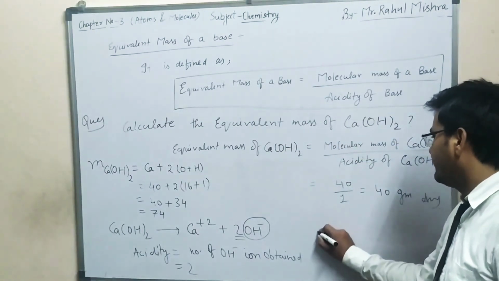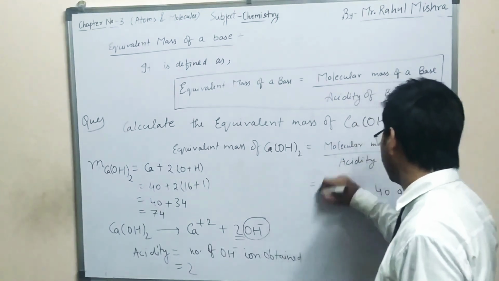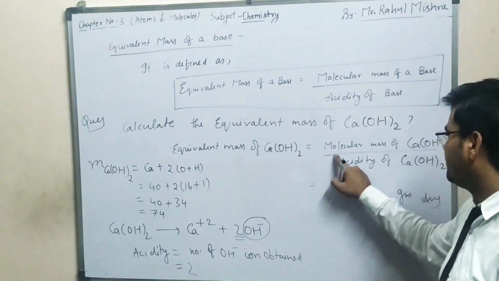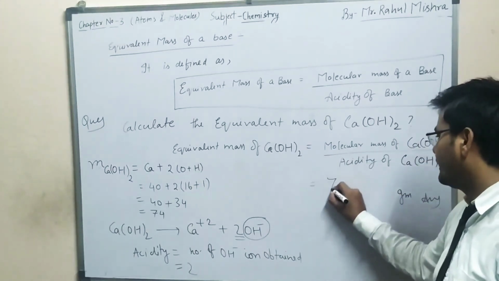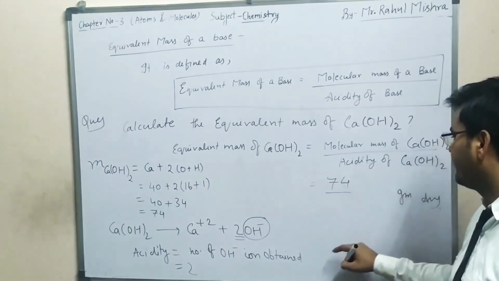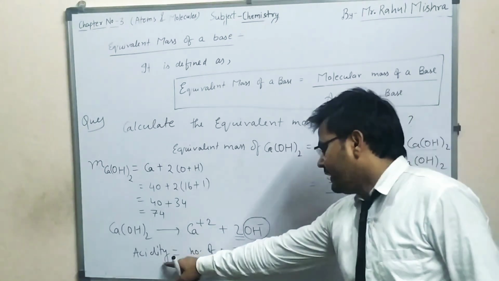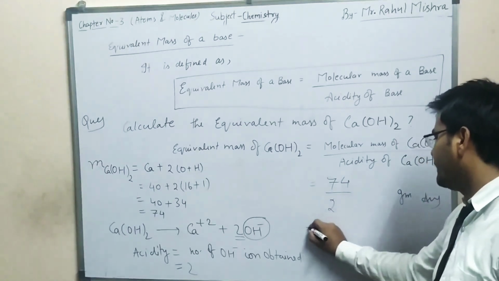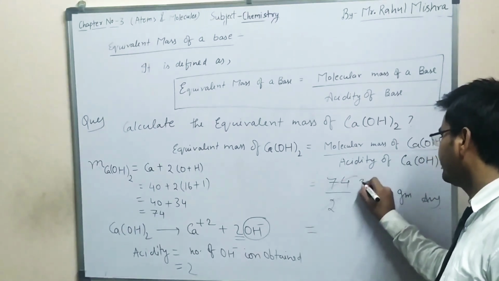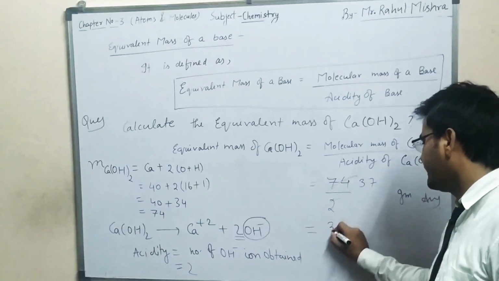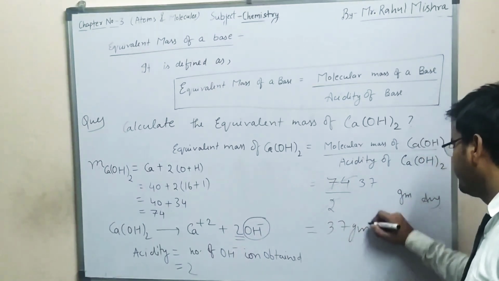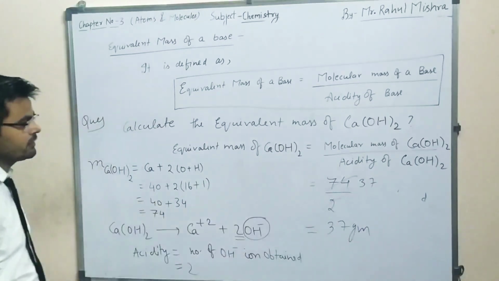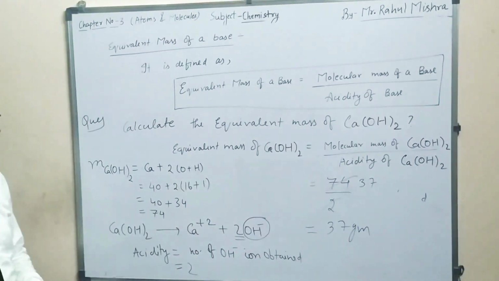So equivalent mass of Ca(OH)2 will become molecular mass of Ca(OH)2, which is 74, divided by acidity of Ca(OH)2, which is 2, and it is equal to 37 gram. So this is the equivalent mass of calcium hydroxide, Ca(OH)2.